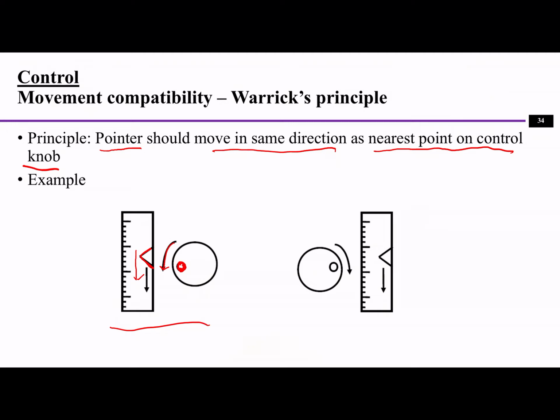This is one example, and the other example is doing the opposite way, same thing. When we turn the knob in the clockwise direction, it should move in the same direction as the display is moving. So this is called Warrick's principle.